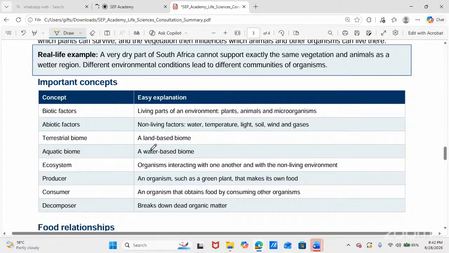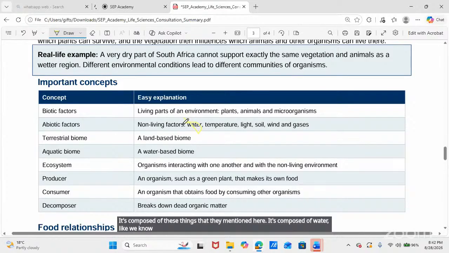So now we're going to look at abiotic factors. Abiotic factors are the exact opposite of biotic factors, which are the non-living factors. So if you look at your environment, it's composed of these things that they mention here. It's composed of water, like we know that 70% of the Earth is made up of water.